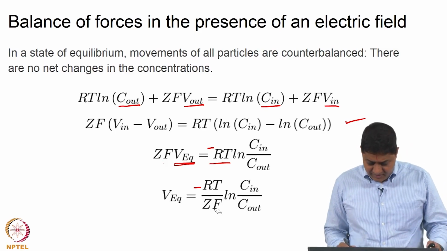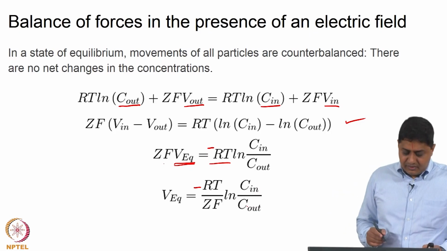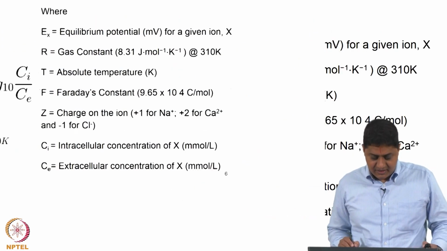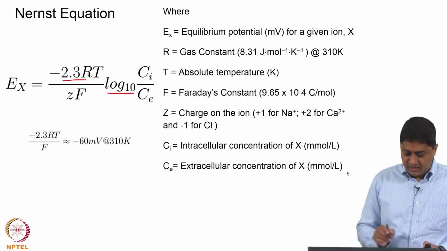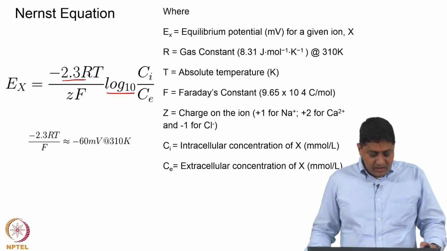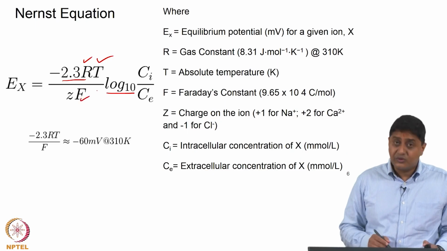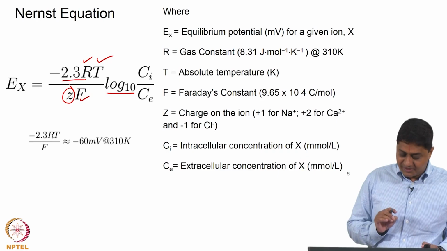So, that is the equilibrium potential, and I could for example convert the ln here to log. Using this multiplication factor, and I know R, T, for example, I know F, the only thing I do not know is Z, which changes depending on which particular ion I am considering.